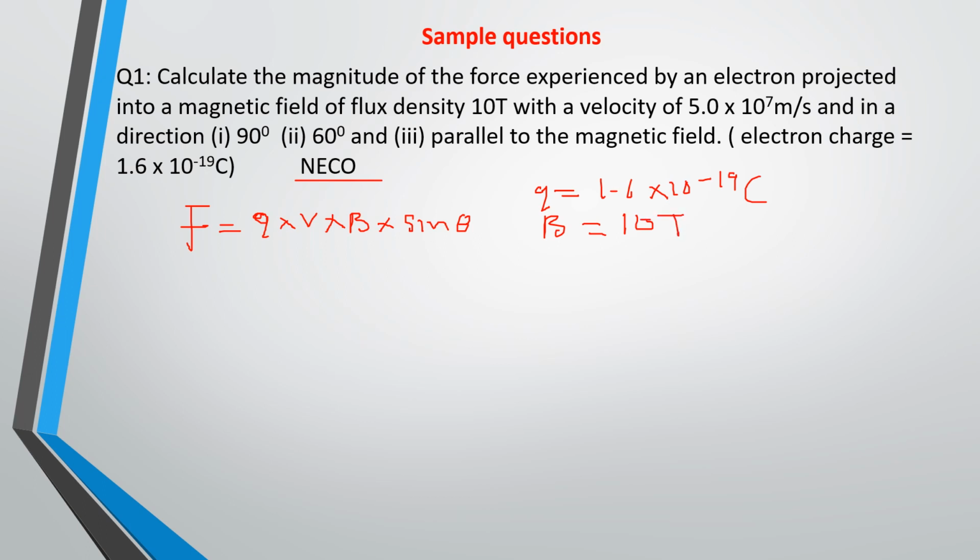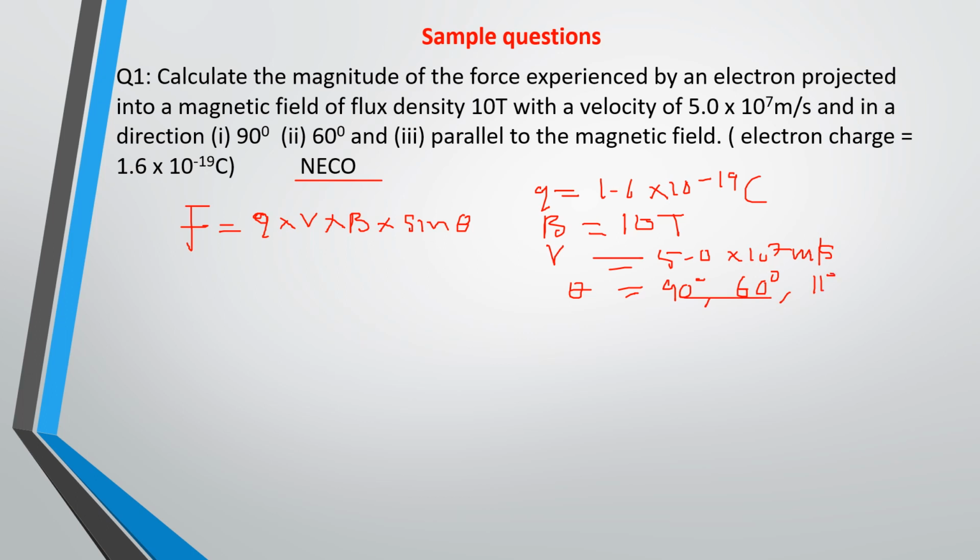You are given velocity to be 5.0 times 10 raised to power 7 meters per second. So the angle between them is what is varied. Theta is now varied, so we'll take it one by one. At 90 degrees, we'll look at it. At 60 degrees, we'll look at it. Then when they are in parallel, we'll also look at it.